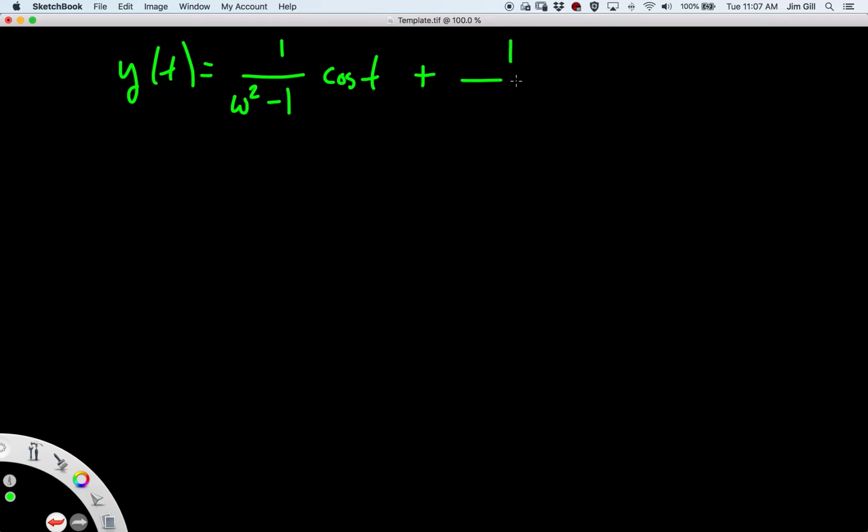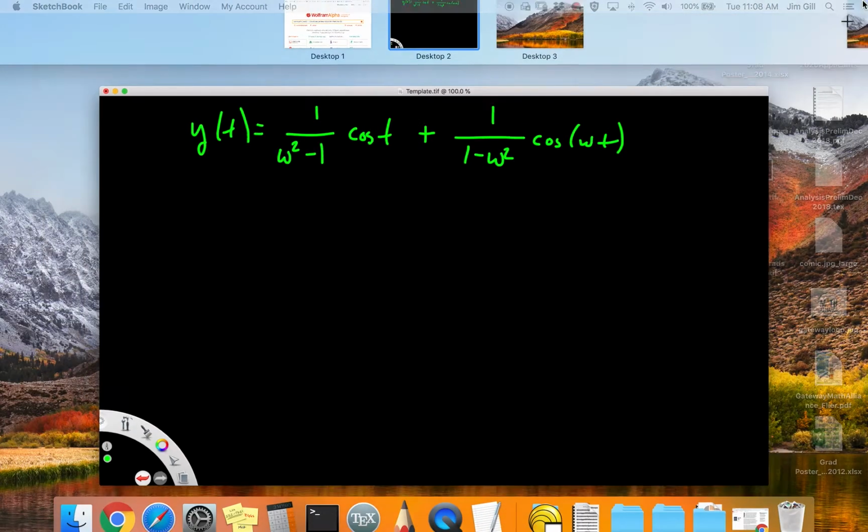And then we have 1 over 1 minus omega squared cosine omega t. So there's our solution. And because we gave ourselves some latitude and did not fix the value of omega, we can now plug in different omegas and see what we get. So let's go on over to a graphing tool and take a look at what we get.